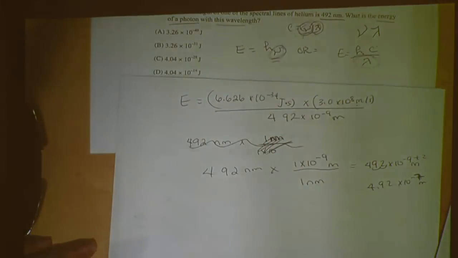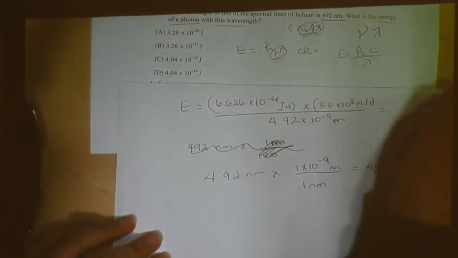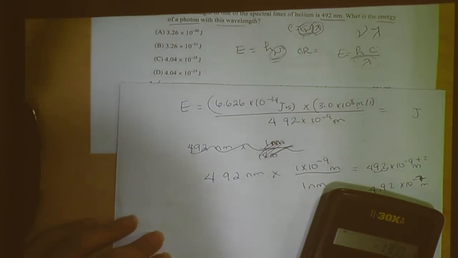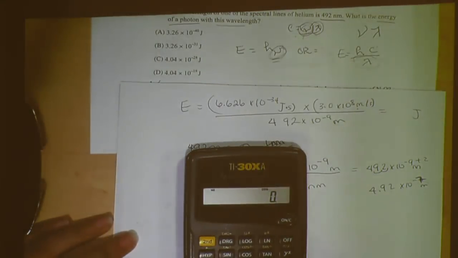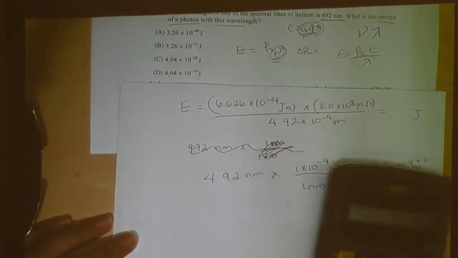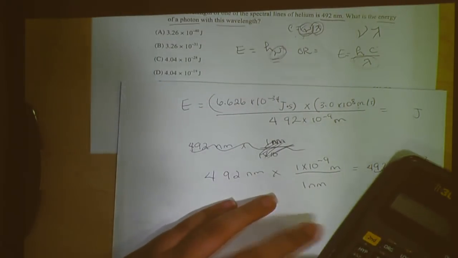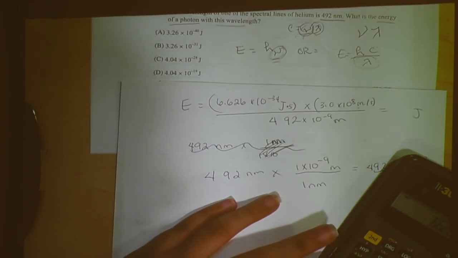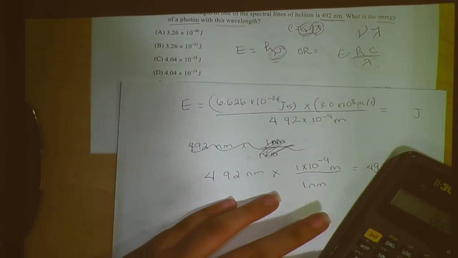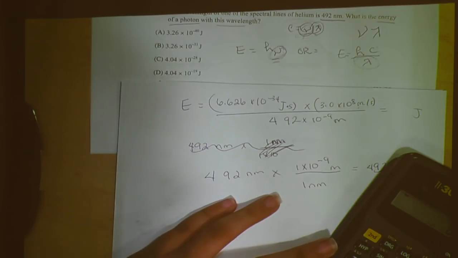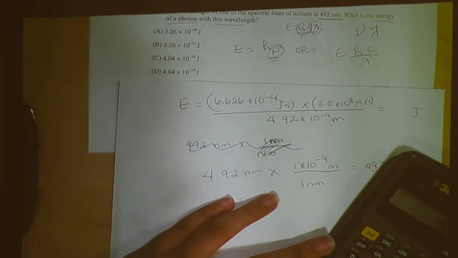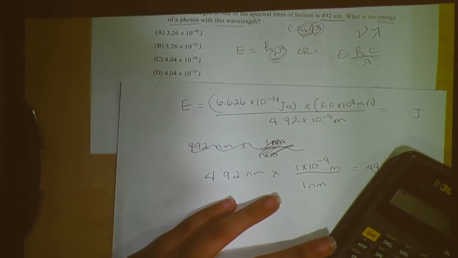When you plug this in, you should get an answer in joules. And one more thing: when you're plugging this into the calculator, use the parentheses so you don't get confused, so order of operations doesn't work against you. So parenthesis 6.626 times 10 to the negative 34, times 3.0 times 10 to the 8th, divided by 492 times 10 to the negative 9.